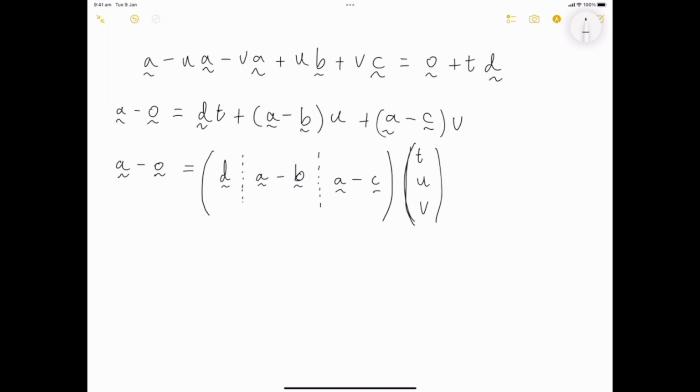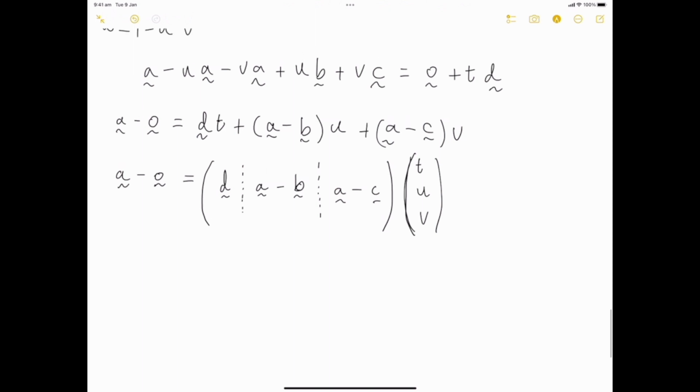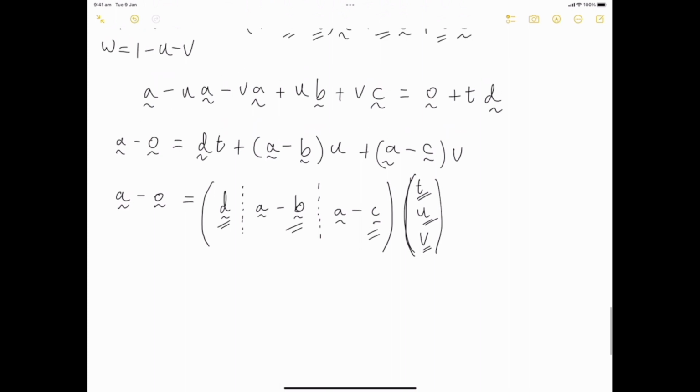If we were to expand this out, it would be the first column times the first row, second column times the second row, third column times the third row, just like that.